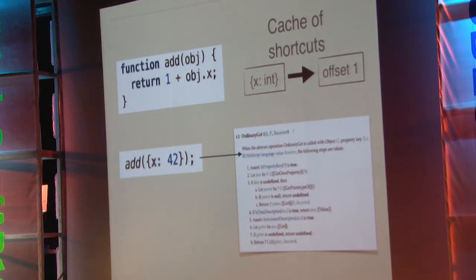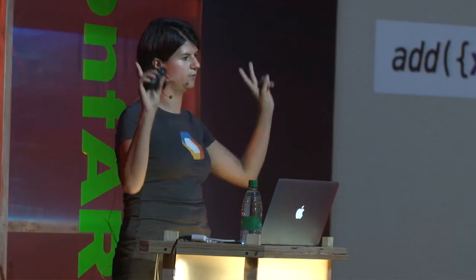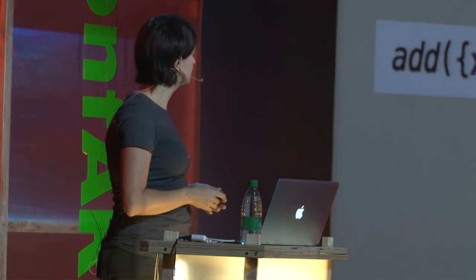And it's a cache of shortcuts, basically. So the keys are the type of the input, kind of like the class definition in C++, so the shape of this object. In our case, the shape is an object that only has an x property. That's sort of your shape or type of this.